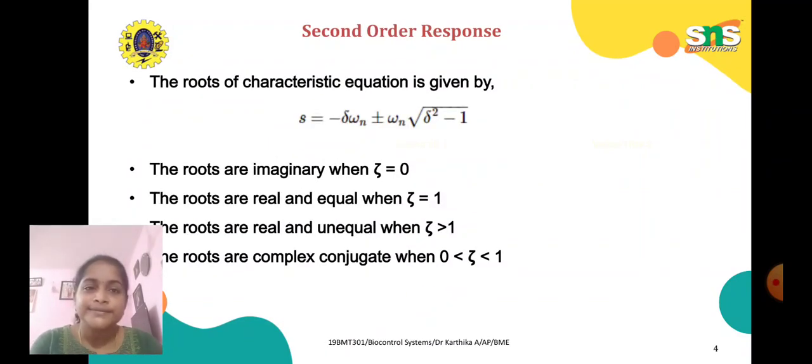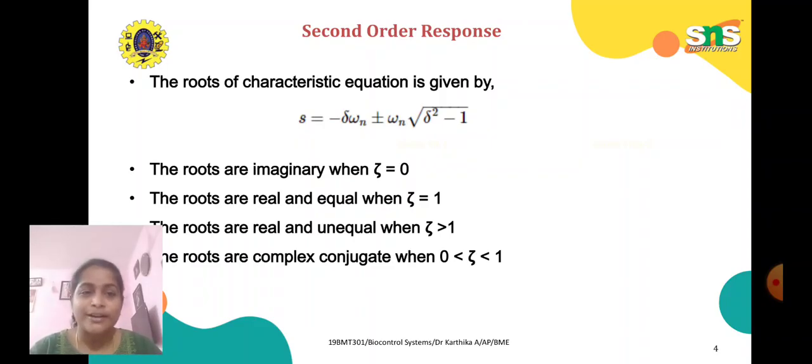Here the roots of the characteristic equation are given by s equal to minus del omega n plus or minus omega n multiplied with root of del square minus 1. The roots are imaginary when del equal to 0. The roots are real and equal when del equal to 1. The roots are real and unequal when del is greater than 1.